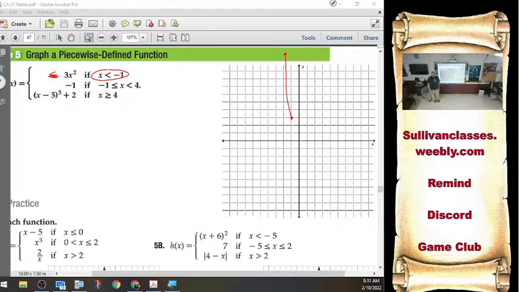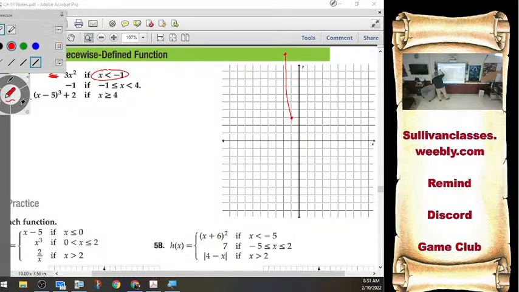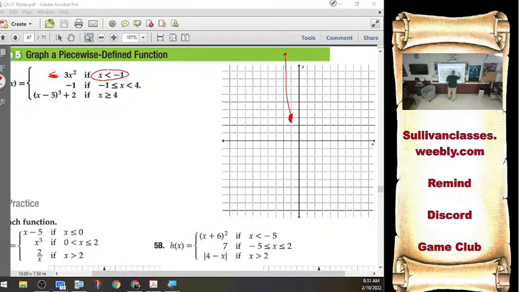What else do I need to change? When x is less than -1 means my final portion of that graph has to go open circle to the wild blue yonder.